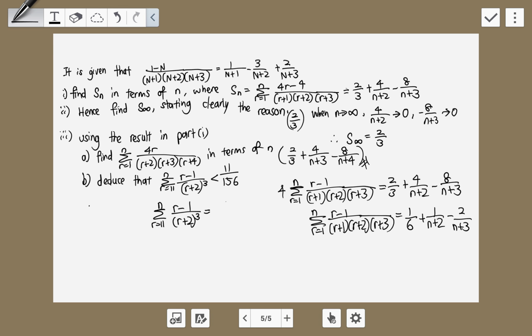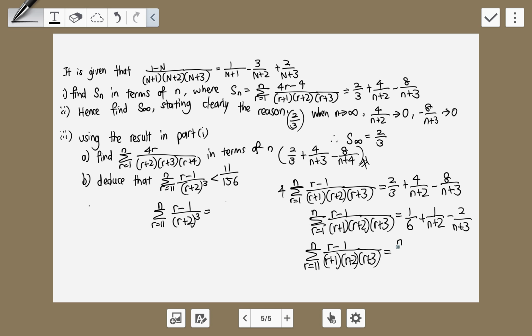So if I want to change it such that it is closer to this thing, I need to change the base to r equals to 11. That means r equals to 11, r minus 1 over r plus 1, r plus 2, and r plus 3. If I want to make use of this result, I need to change it to base r equals to 1.